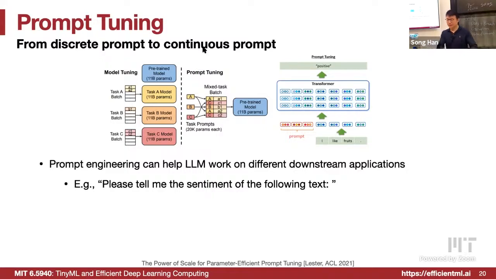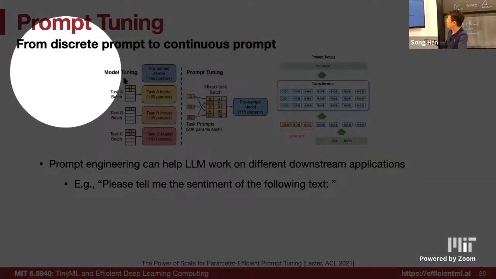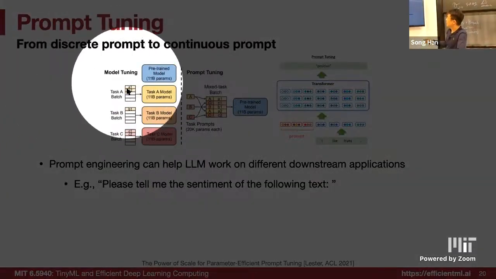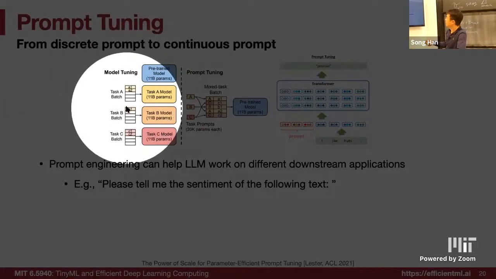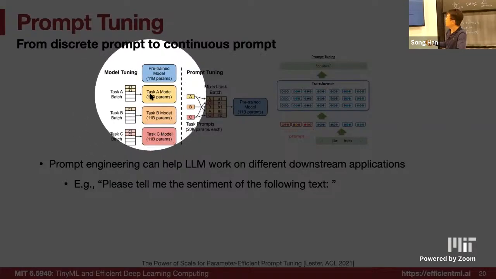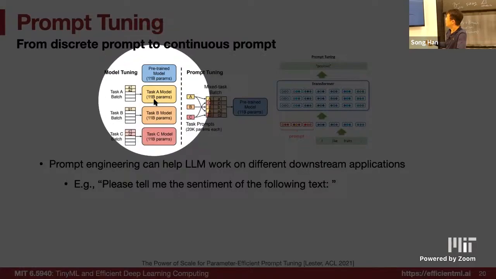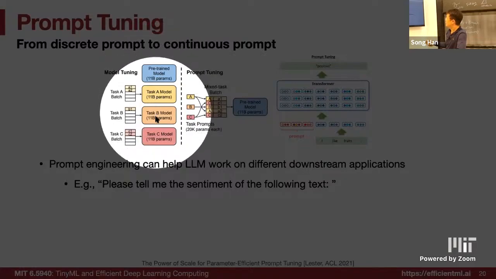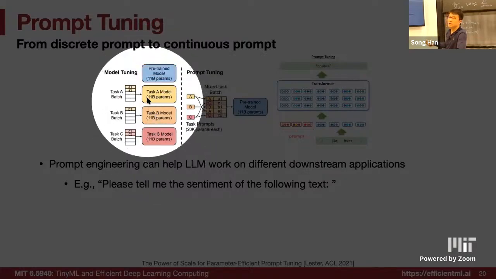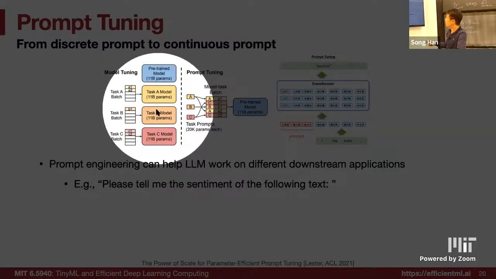So previously, right here we have 3 tasks. Task A, 5 requests in the batch, but only 2 come. And task B and task C, and different tasks require a separate model. The base model is 11 billion parameters. Task A model, 11 billion parameters. Task B, task C, they have individual separate models.